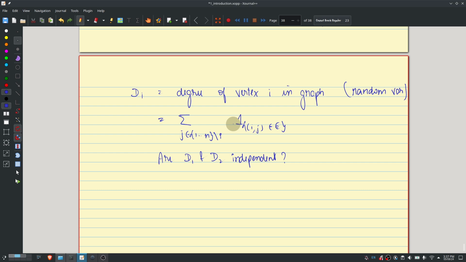If I look at d1 and d2, are there any common random variables between those two? Yeah, the edge between 1 and 2, right? So in fact the answer is no, because both contain the indicator that (1, 2) is in E, which is common.